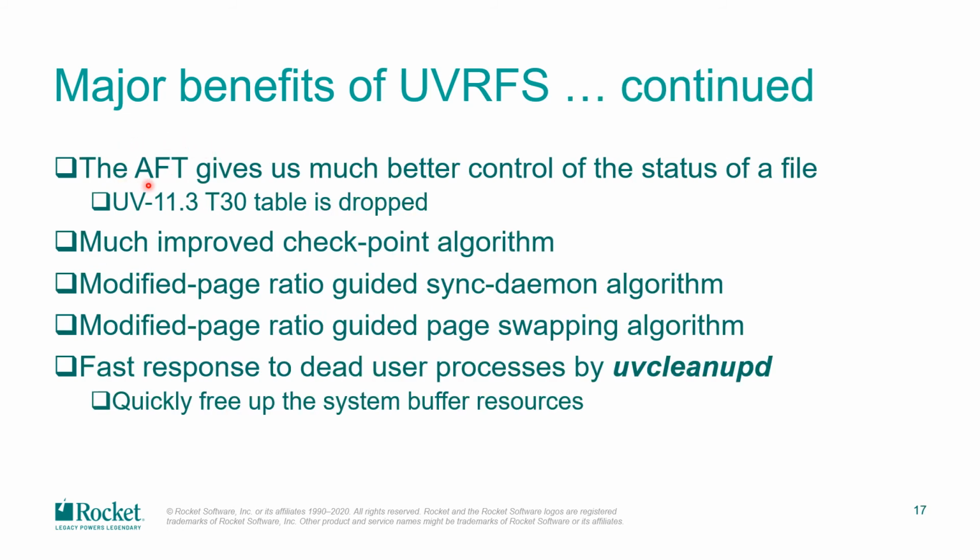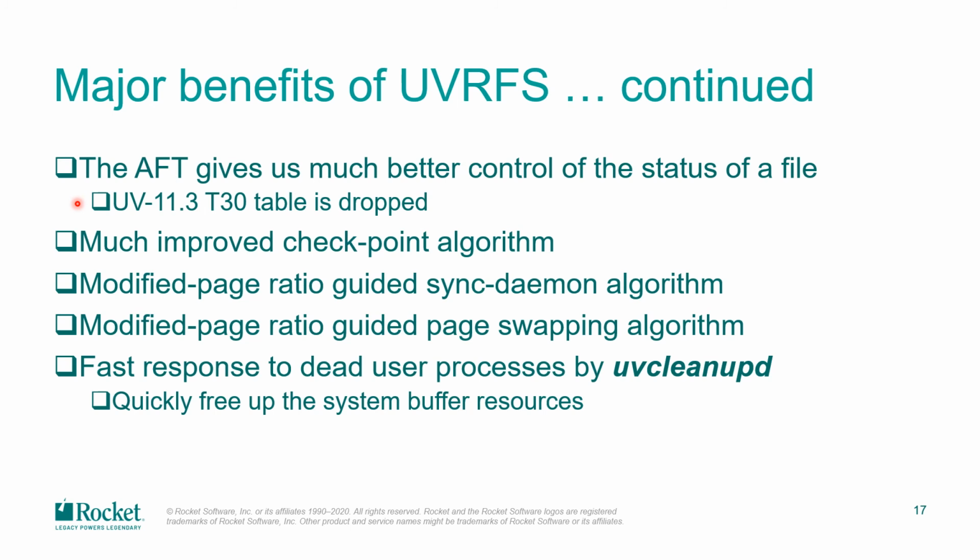The AFT gave us much better control of the files, and now we know which file is opened by the system and how many processes are opening this file. In the history, we couldn't tell. And a lot of things, AFT is very well implemented.